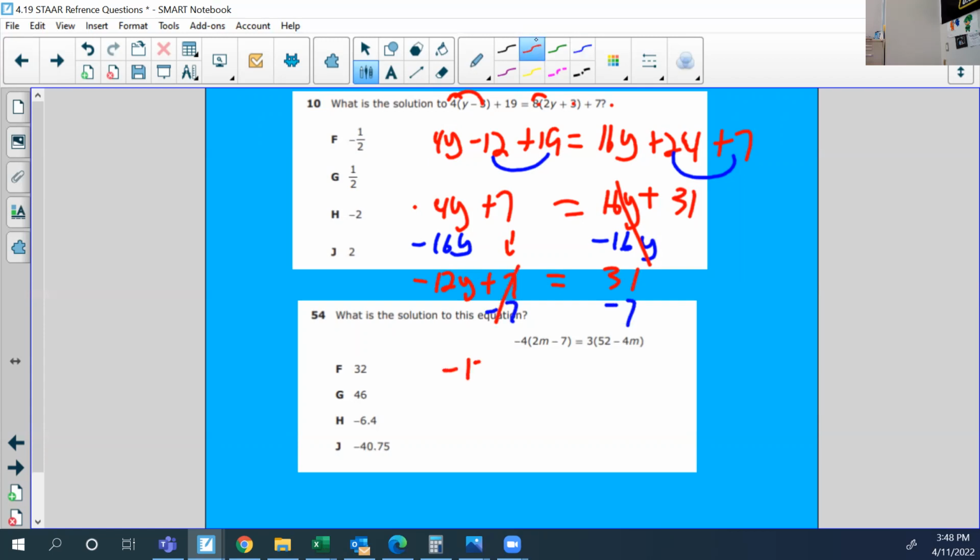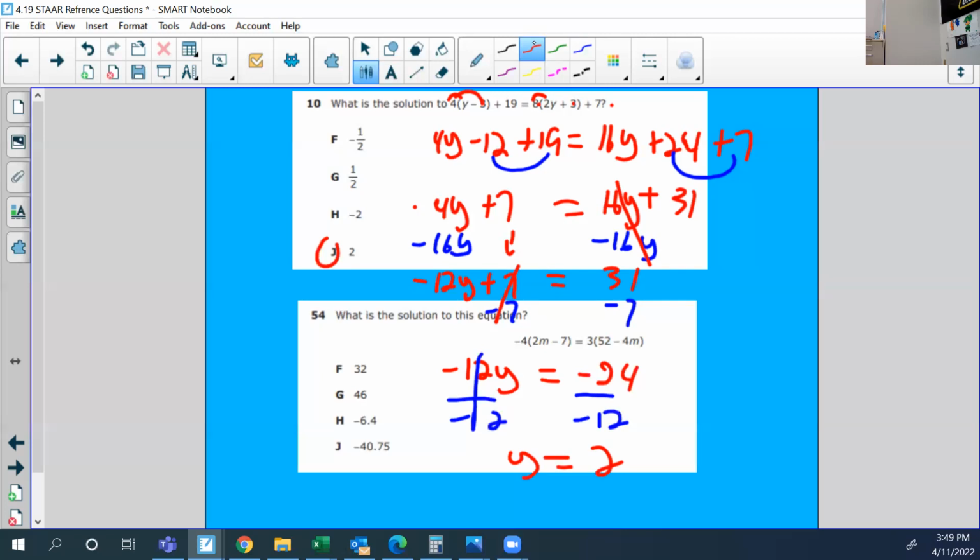Now I'm left with minus 12y is equal to 31 minus 7, which is 24. And you divide both sides by negative 12, and I get y is equal to positive 2. All right, so J is the answer.